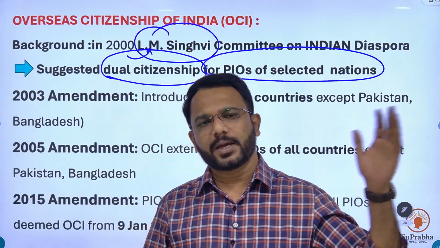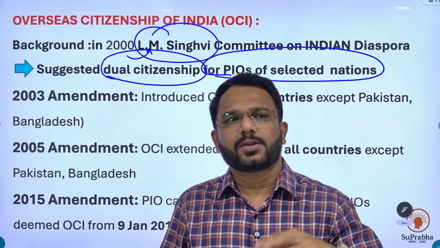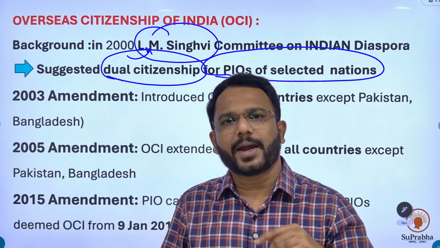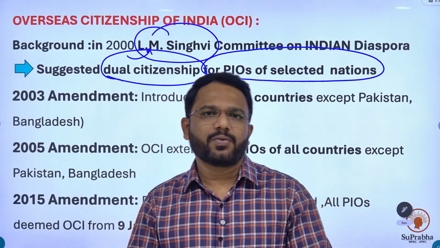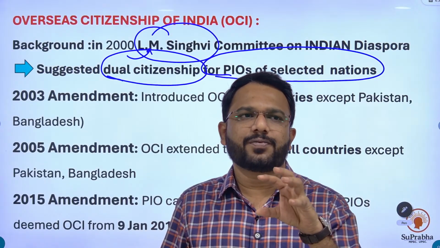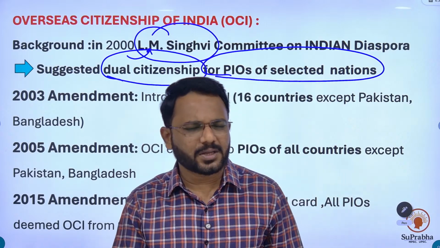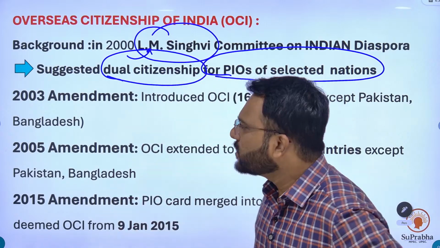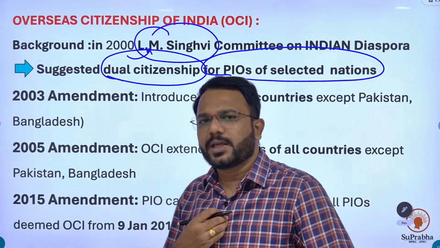So when they go there for work, they remit money back to India for their families, and in that way we have a large chunk of incoming funds in US dollars and many other currencies. That was an important factor, and it was acknowledged by the then government.